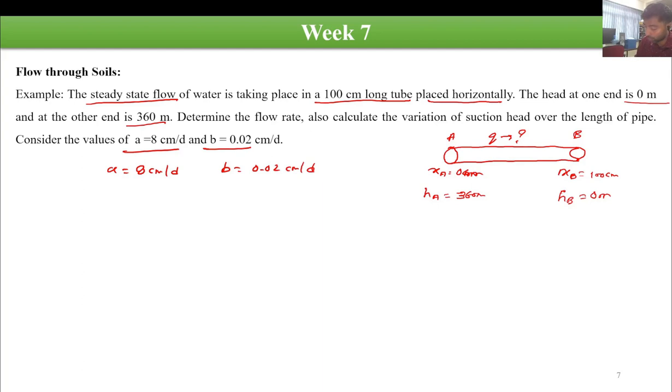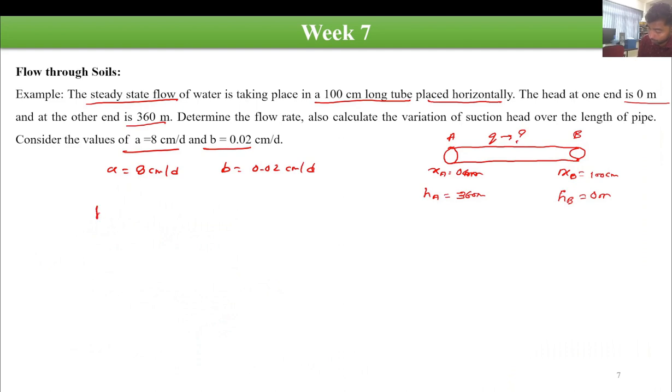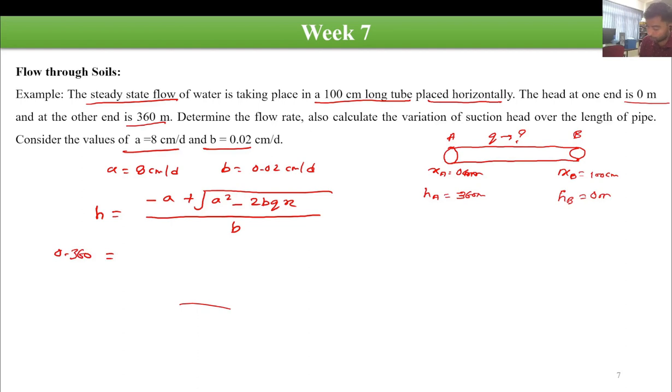So we will make use of the formula which we saw: H is equal to minus A plus under root of A square minus twice BQ into X, divided by B. Here we will write the value of H as 0 minus 360, that is minus 360.